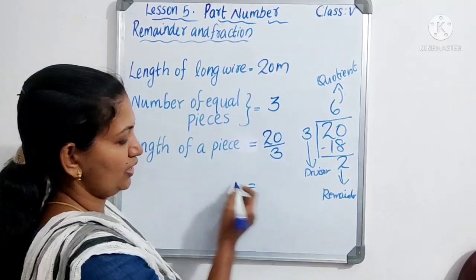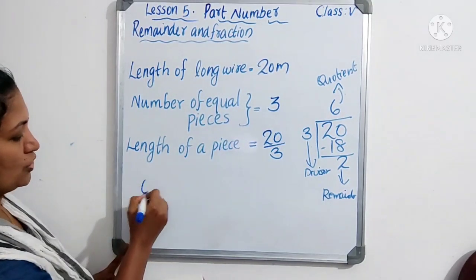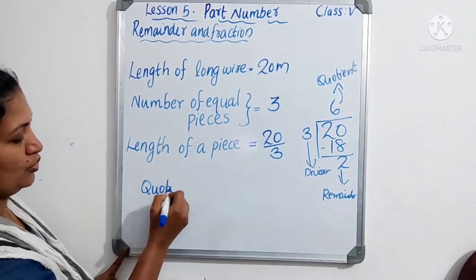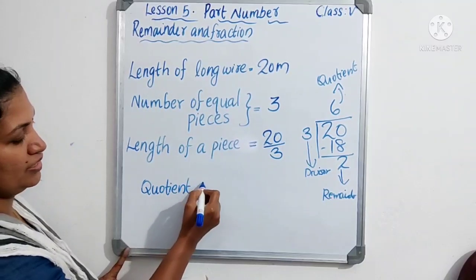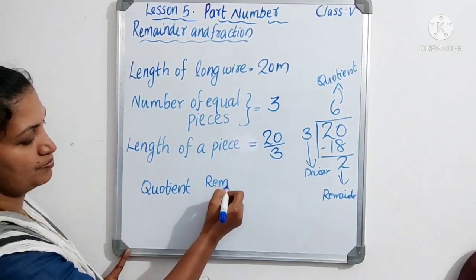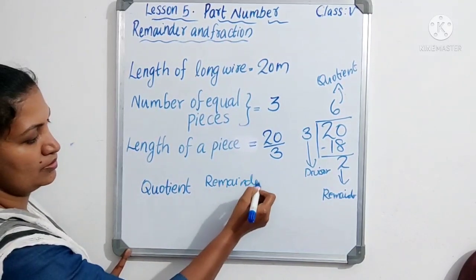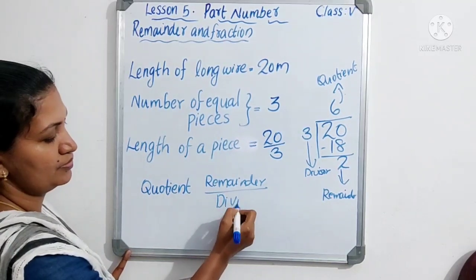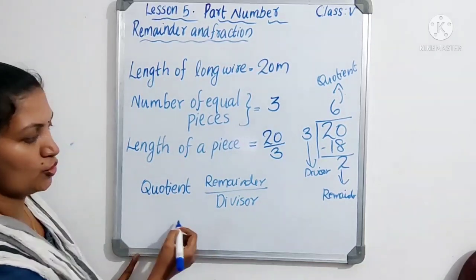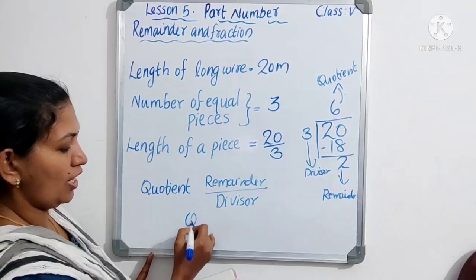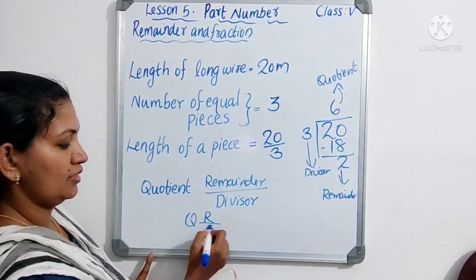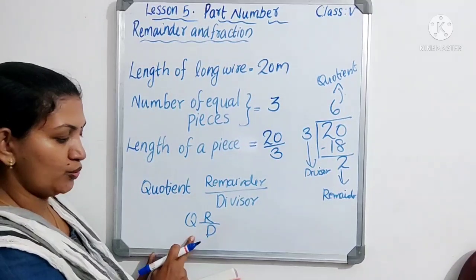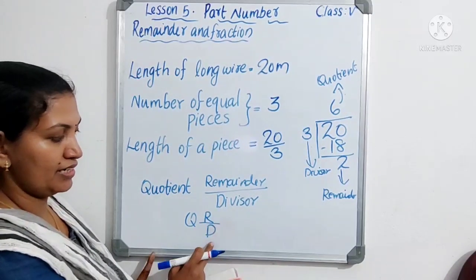Then we have to write this in the form of quotient, then remainder, and divided by divisor. In short, I am writing Q R by D, that is quotient, remainder divided by divisor.